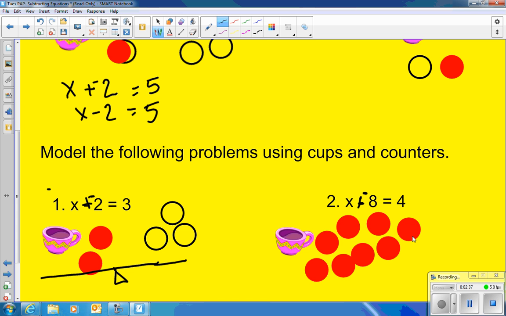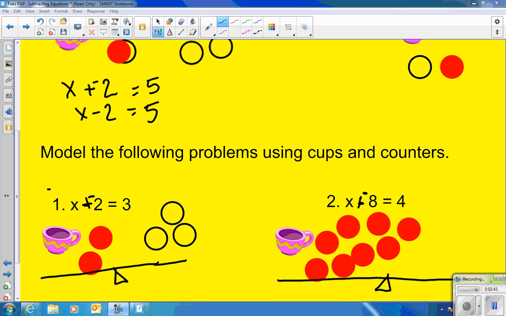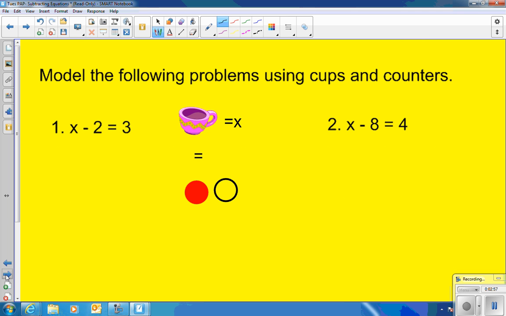All right. And then I'm going to draw my balance scale. And on the other side of that balance scale, I'm going to put positive 4. All right. So that's the modeling process.